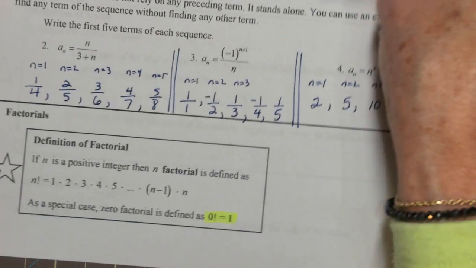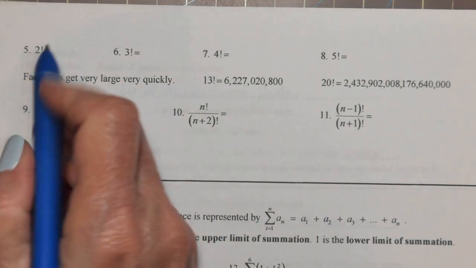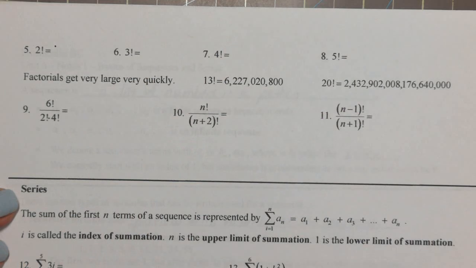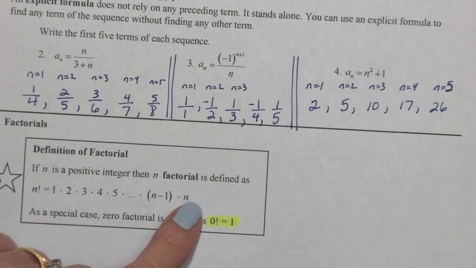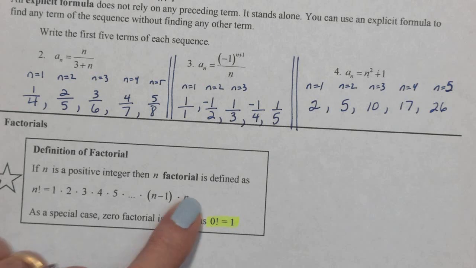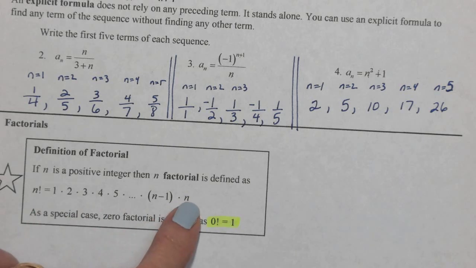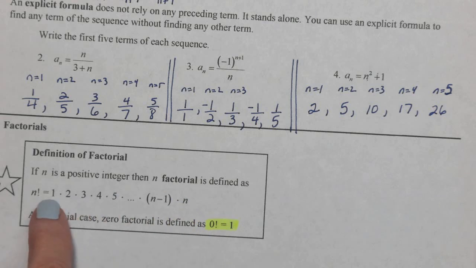Alright, let's do some examples just with factorials. Okay, 2 factorial would be, in the definition, they always start with 1 and end at n. Oh my goodness. Start with 1 and end with n. I like to go backwards and start with n and end with 1.